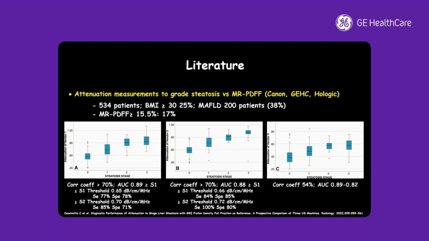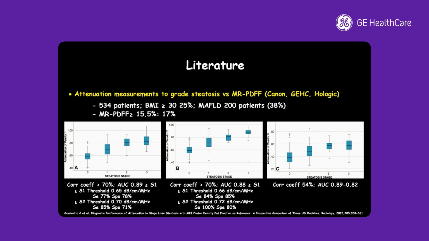And if we go to the literature, this is the Cassinotto paper. The Cassinotto paper is a kind of mix. If you really carefully read it, you'll be surprised that it has been published in such a good journal as Radiology, because it's a mix of many kinds of chronic liver disease, not only focusing on MAFLD, but there are 200 patients with MAFLD, but the results are provided in the overall population.